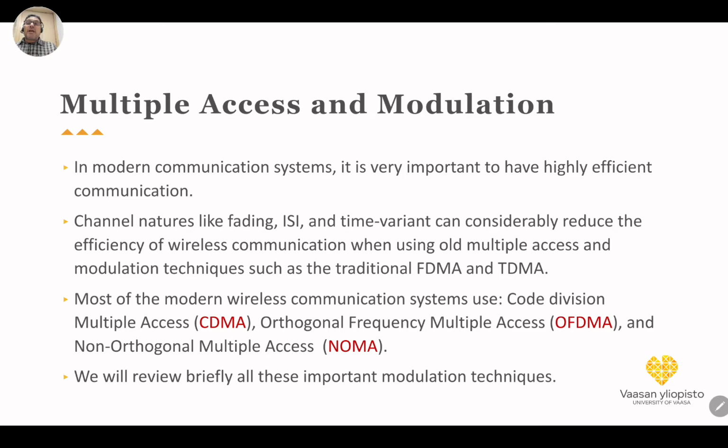Such problems limit the data rate or the symbol rate, and also the reliability of wireless communication. So the new multiple access or modulation techniques we are looking for should handle or mitigate such kinds of problems.